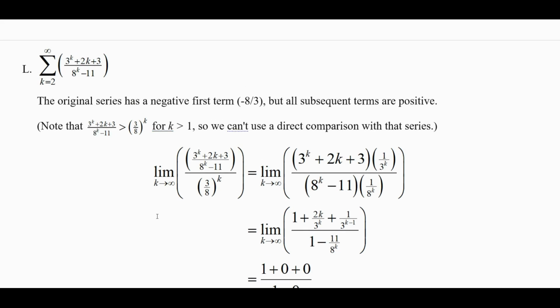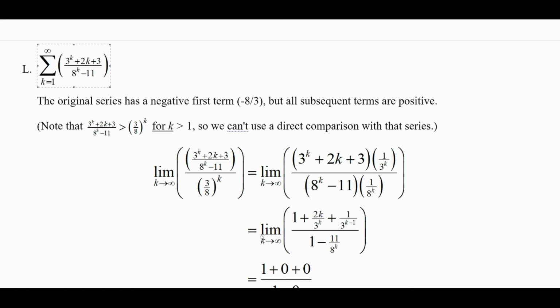The sum from k equals 2 to infinity of 3 to the k plus 2k plus 3 over 8 to the k minus 11. Let's see. I think I originally had k equals 1 actually there.